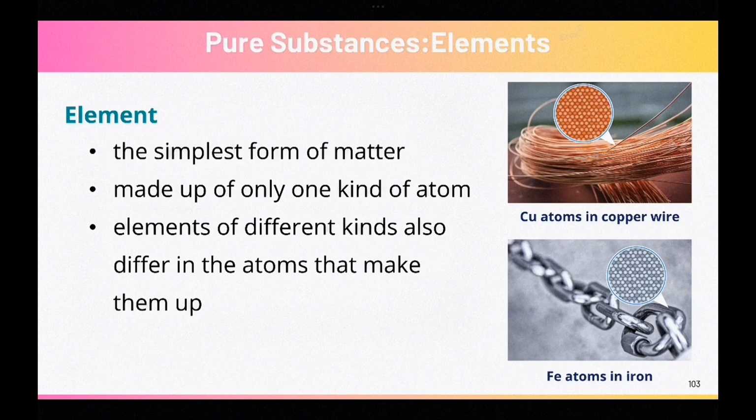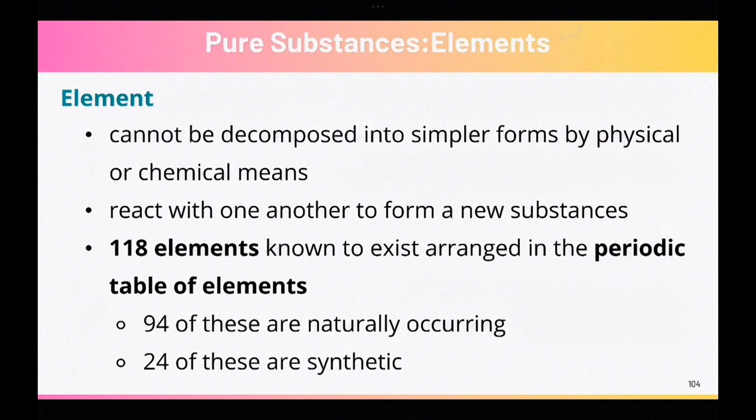The elements are the simplest form of matter, made up of only one kind of atom, and elements of different kinds differ in the atoms that make them up. Examples of elements are copper, iron, lithium, sodium, and so on, which you can see on the periodic table.